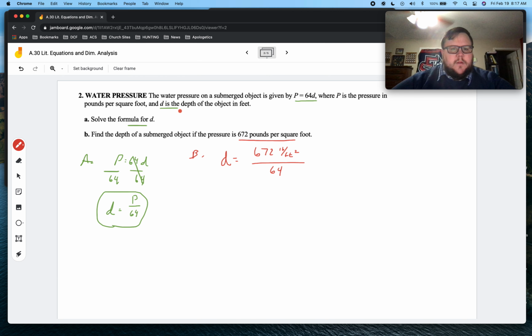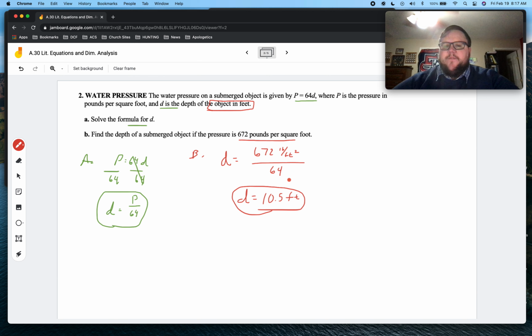So I get 672 divided by 64. I get D equals 10.5, and it tells us that our object D is in feet, so it's just 10.5 feet. And that's my answer. 672 divided by 64 is 10.5.